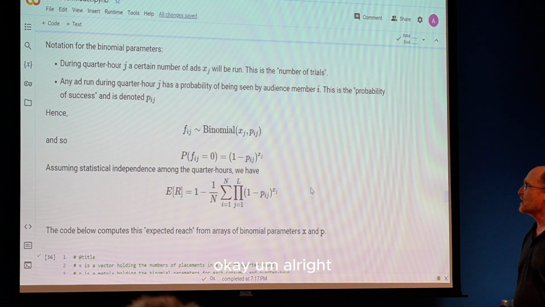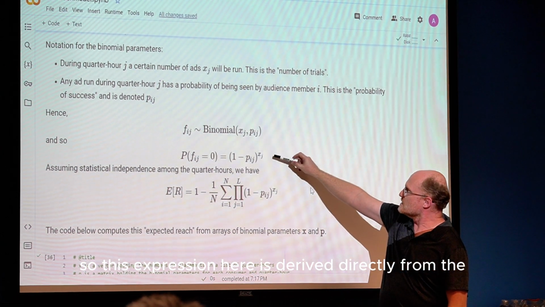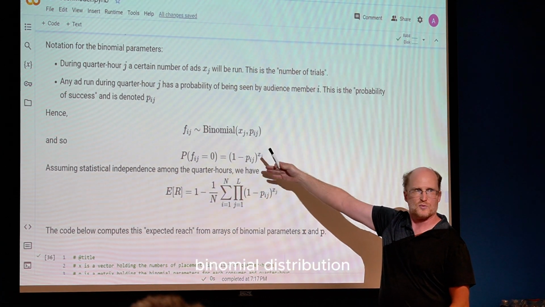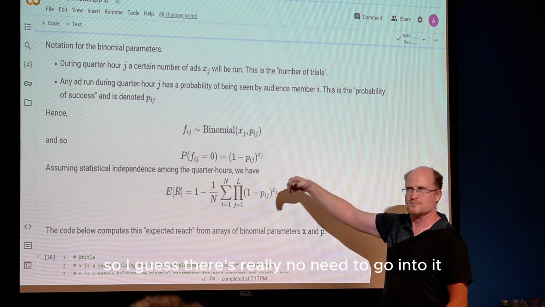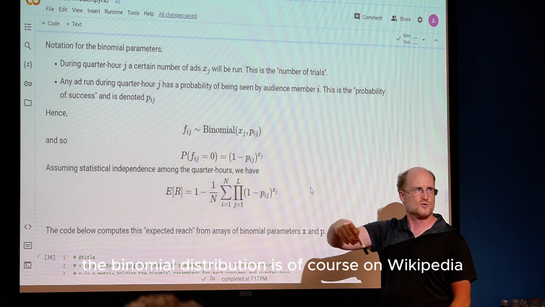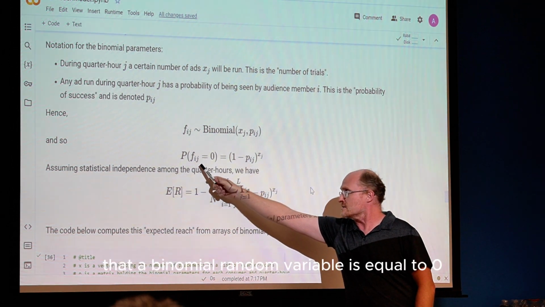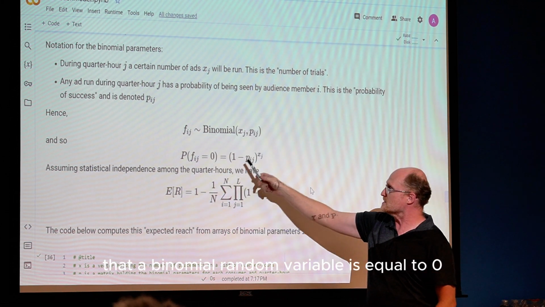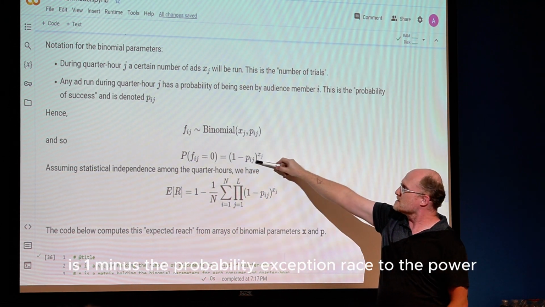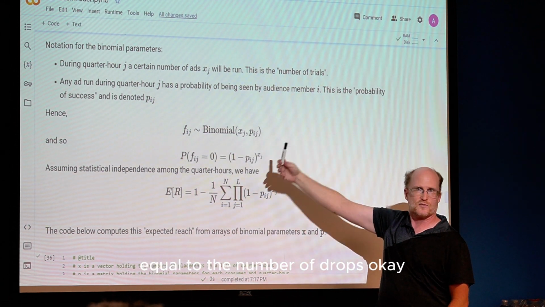This expression here is derived directly from the binomial distribution, so there's really no need to go into it. The binomial distribution is, of course, on Wikipedia. The probability that a binomial random variable is equal to 0 is 1 minus the probability of success, raised to the power equal to the number of tries.